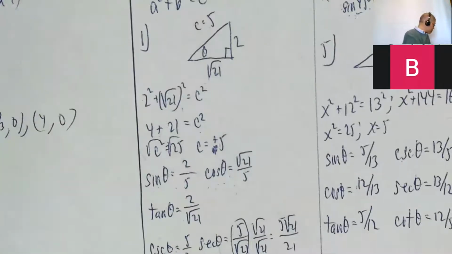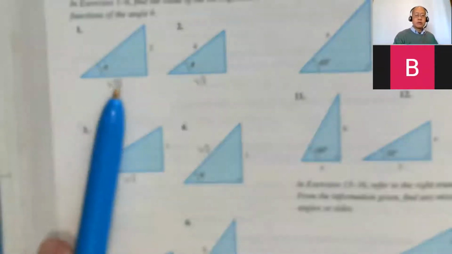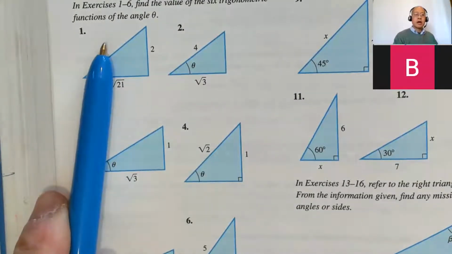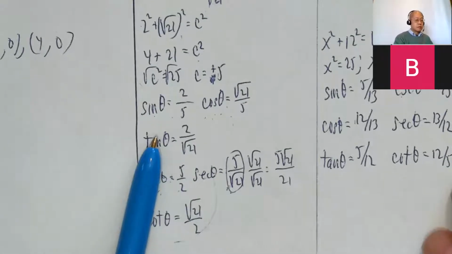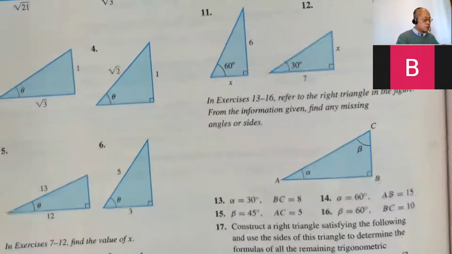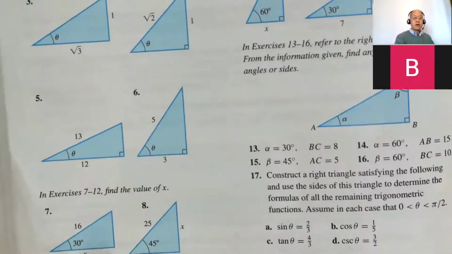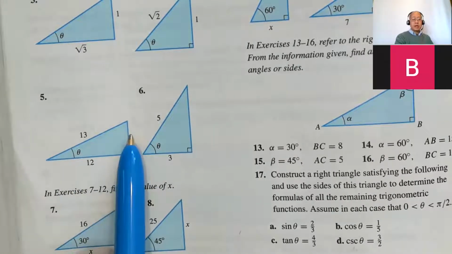In number 1, they gave us a 2 and a radical 21. So I had to figure out the hypotenuse. Okay, came out to be 5. Then I just do my SOHCAHTOA. Okay, so do something similar. Problem number 5 that I was going to show you next. 13, 12, and an unknown side.